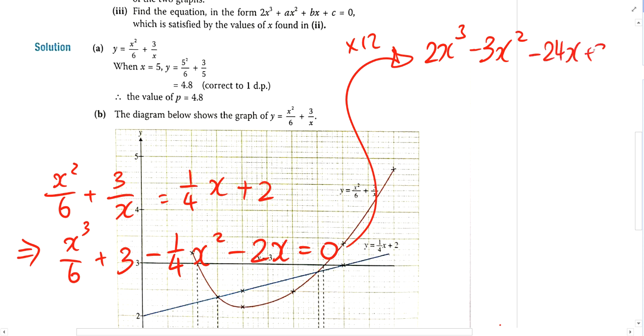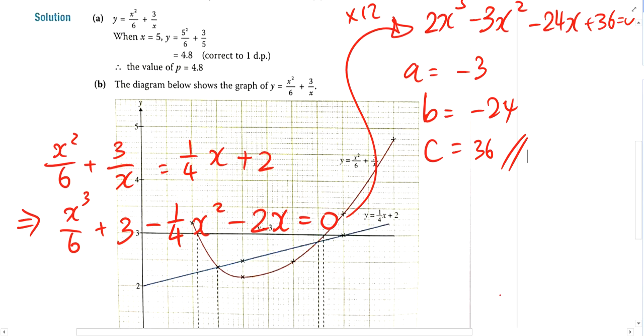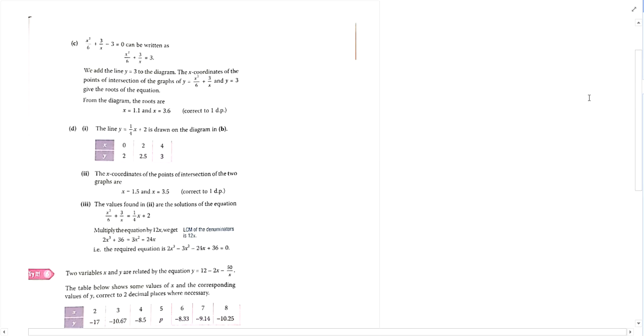Do you see that these two equations are the same now? What is the value of a? b? c? Okay, yeah, so this is the correct answer.